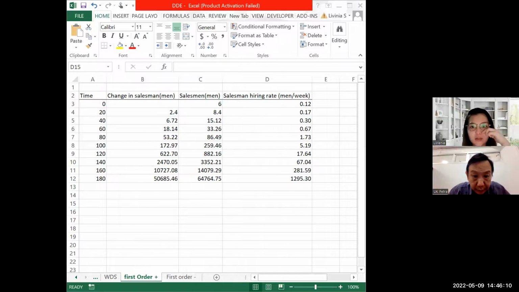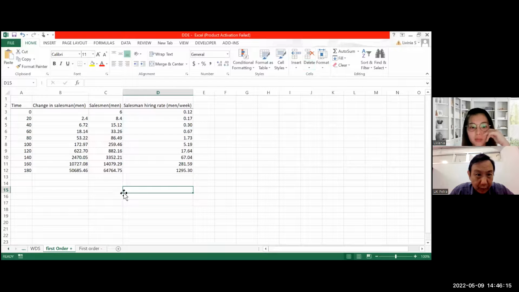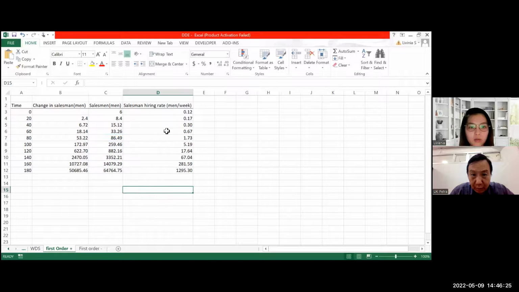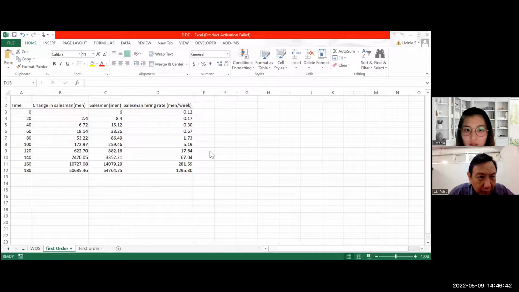This one is for the first order, the first one. Excellent. So this is exactly the same as in the... no, wait. Is 0.12 correct? Is it 100? Wait. I guess no. Only until the second row is correct.